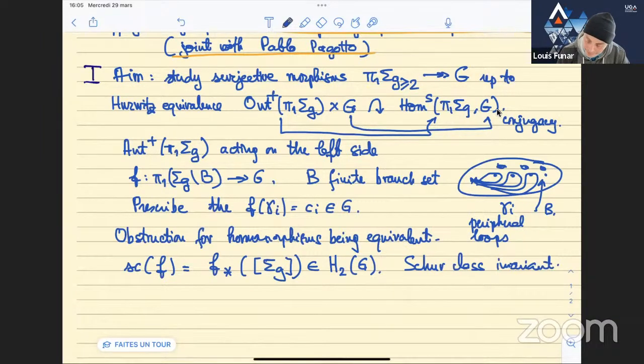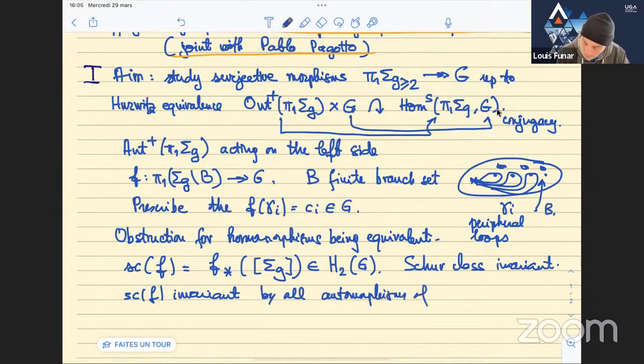And it is invariant with respect to this action. So it is invariant with respect to the inner automorphisms and actually to all automorphisms of pi1 of sigma g. Well, let's say automorphisms plus, to make it simpler.